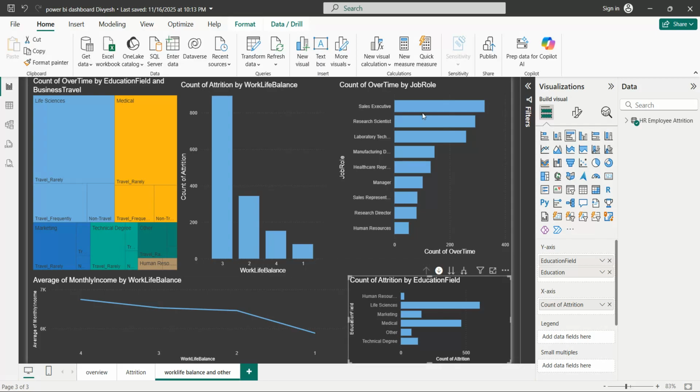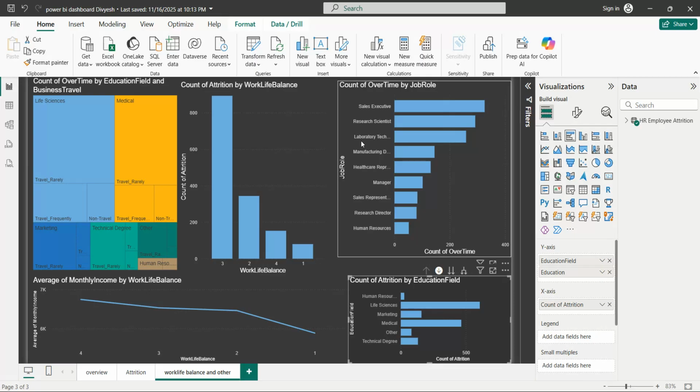So what can we conclude from all of this? Across all three dashboard pages, several strong patterns emerge. Job role impact: sales executive, research scientist, and laboratory technician face the highest attrition due to overtime workload and travel. Department impact: R&D and sales departments show consistently high attrition. Then the single employees, those with low work-life balance, tend to leave more frequently.